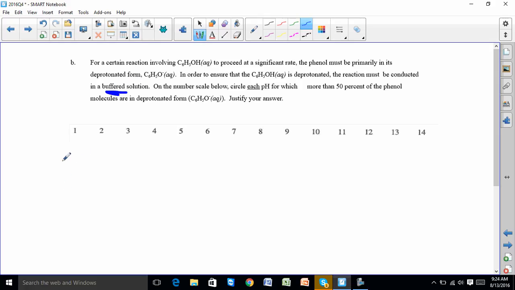Anytime you hear buffered solution, you have to haul out the Henderson-Hasselbalch equation. And so the pH is equal to the pKa value plus the log of the concentration of the conjugate base over the conjugate acid.